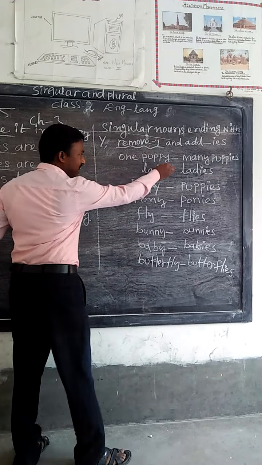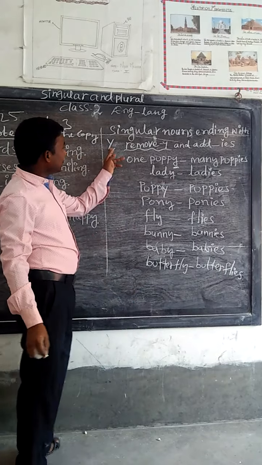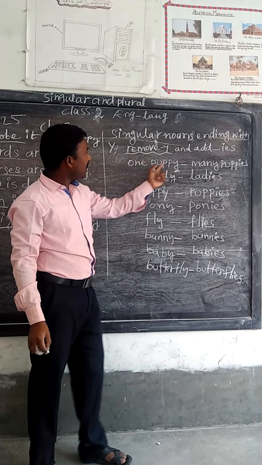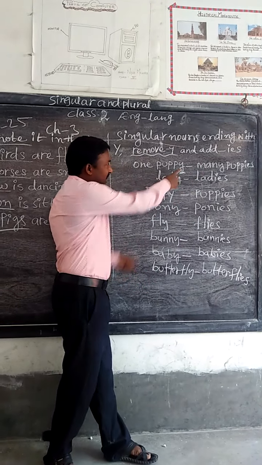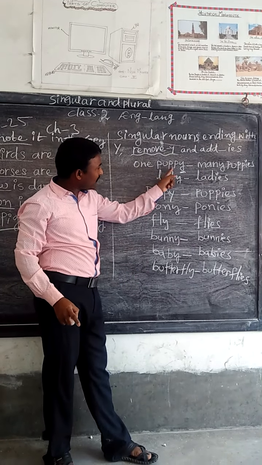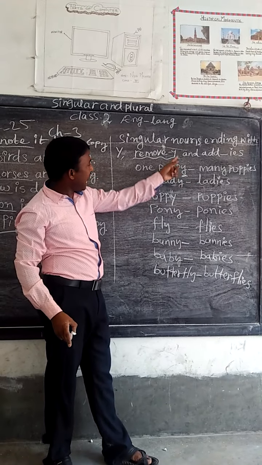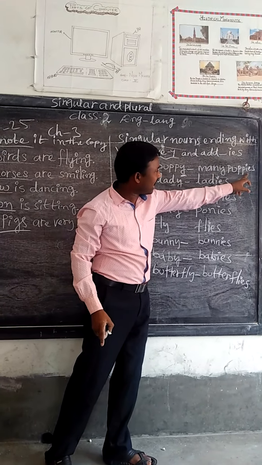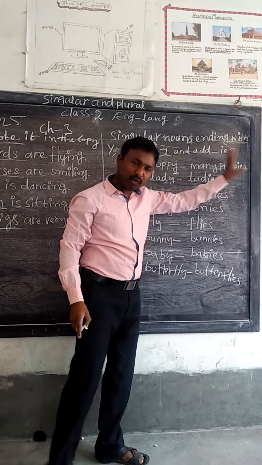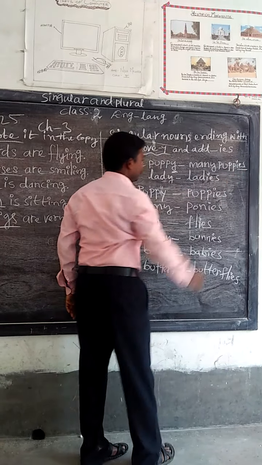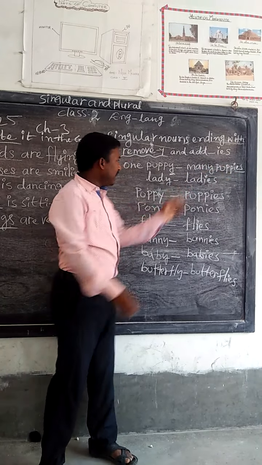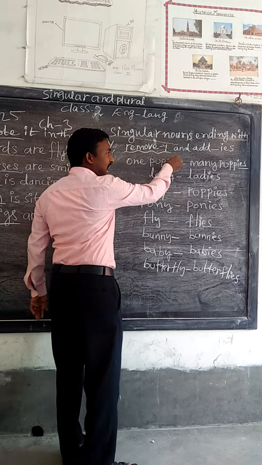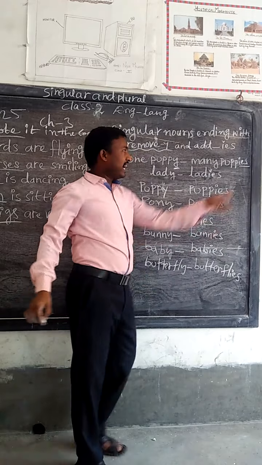So we are removing this y and adding ies in the plural. One puppy, many puppies.